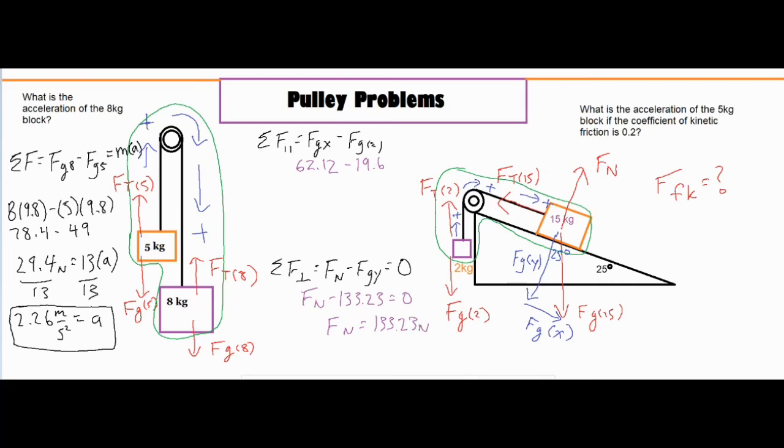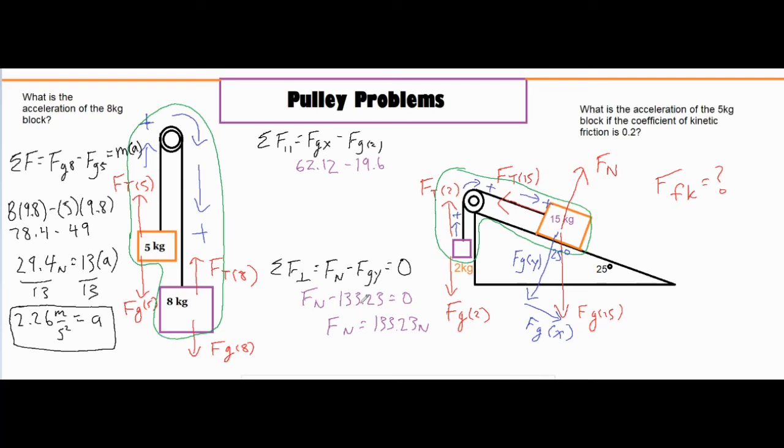All right, so I took my sum of forces in the perpendicular direction, which is just normal force up, and then FGY down. If you set it up, it's Fn minus FGY equals 0 because there is no movement and definitely no acceleration in the perpendicular direction. So it's safe to say that equals 0.